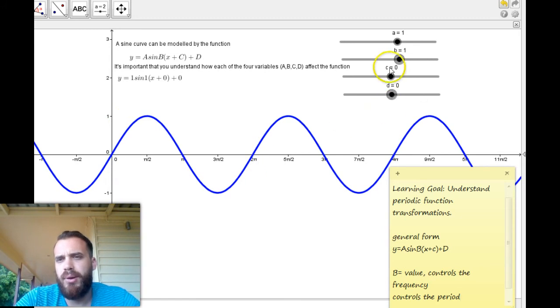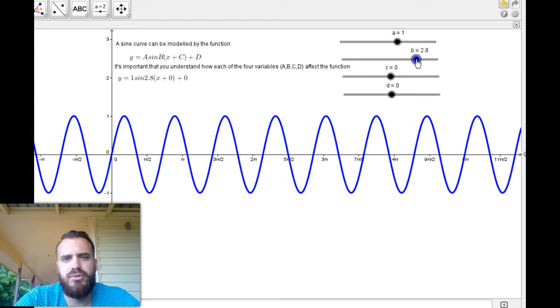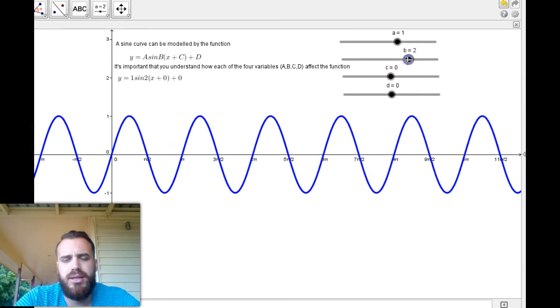So by moving our B value, you can see that that changes the time it takes to repeat. If you take a look about here, you can see that the time it takes to repeat now is from here, up, down, back up to the starting position. It only takes pi to repeat now.